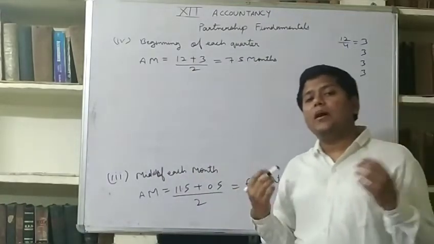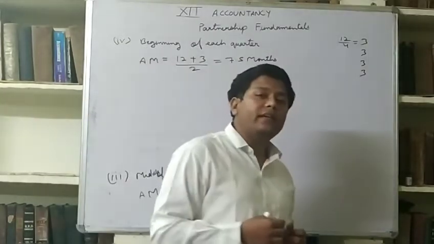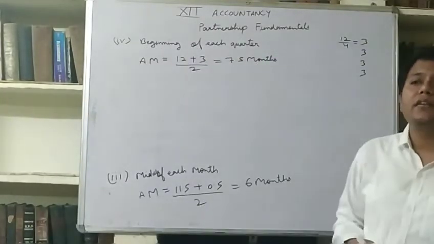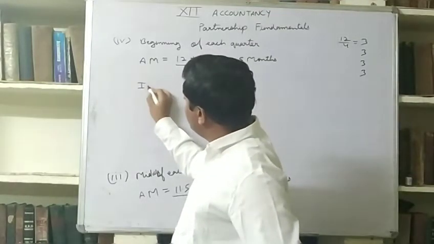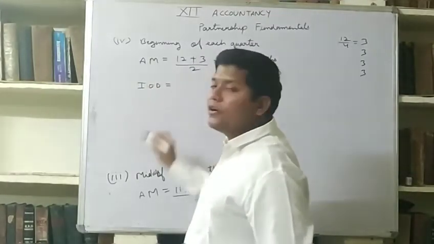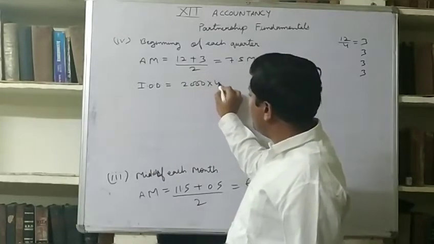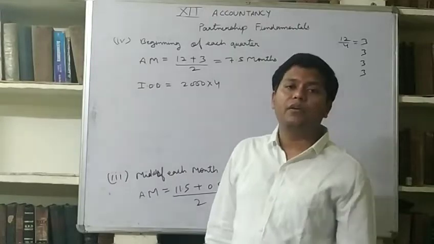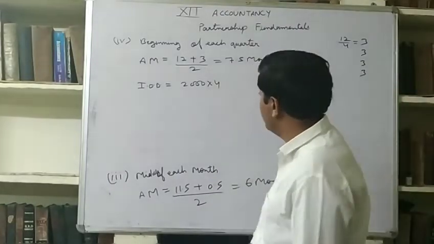So how much amount will he withdraw for the whole year? He will withdraw 2000 4 times in a year. So total drawings will be 2000 into 4 in this case, not 12, because there are only 4 quarters in a year.